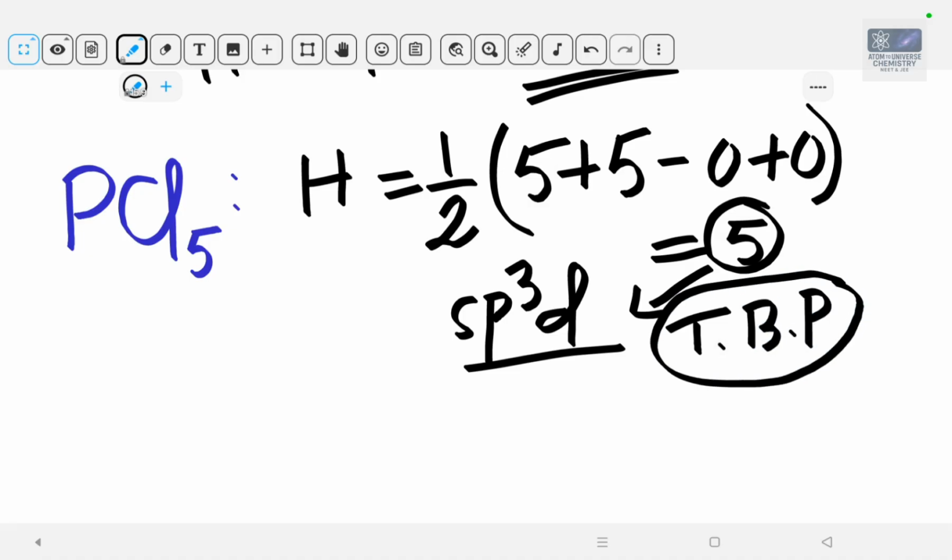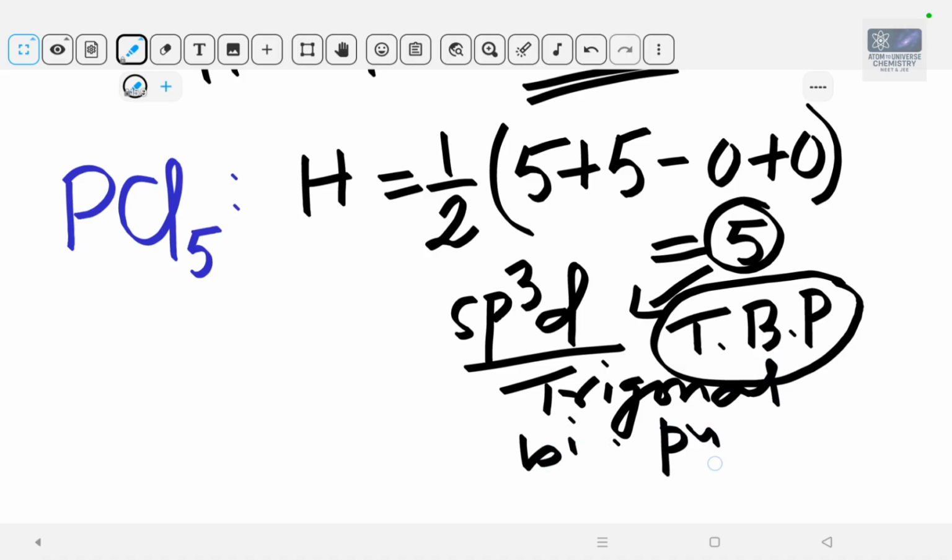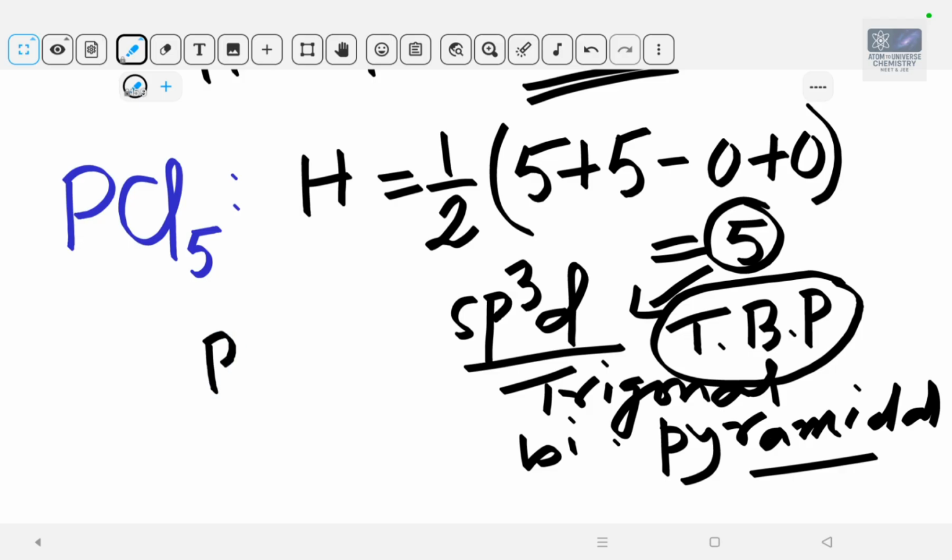What is the full form of TBP? Trigonal bipyramidal structure. Now, how it looks like, you can compare it with BF3, not the whole structure, but partially.